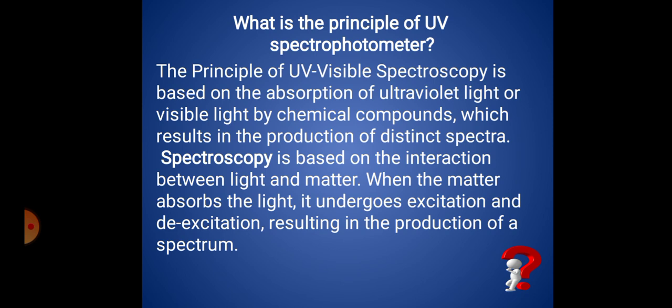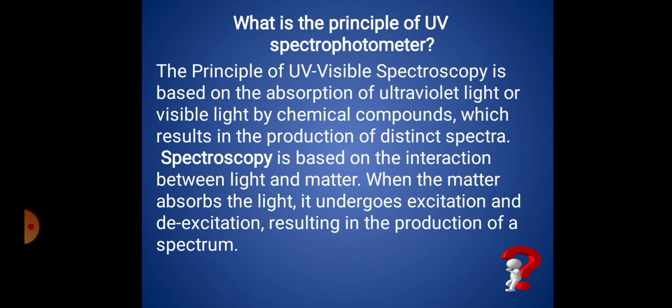Third question is, what is the principle of UV spectrophotometer? Now UV spectrophotometer is the instrument which is used in pharmaceutical industries. Okay, so you have to know the principle of this UV spectrophotometer. The principle of UV spectrophotometer is based on the absorption of ultraviolet light or visible light by chemical compounds, which results in the production of distinct spectra.